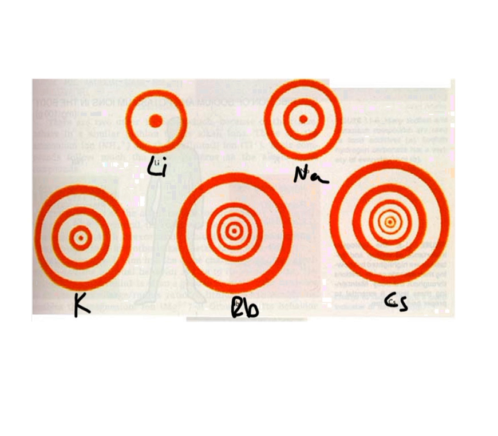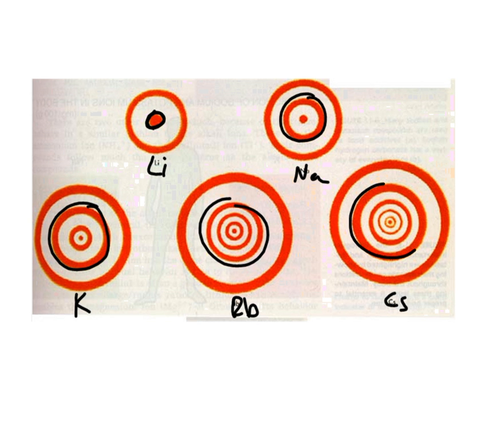As you can tell, there's more. If you look at lithium, there's only one set, because these red dots are not representing the nucleus, they're representing the core electrons. There are fewer core electrons in lithium than in sodium, more core electrons in potassium, even more in rubidium, and even more in cesium.